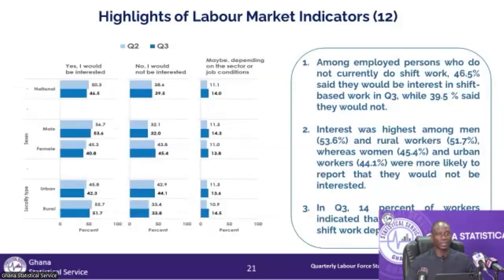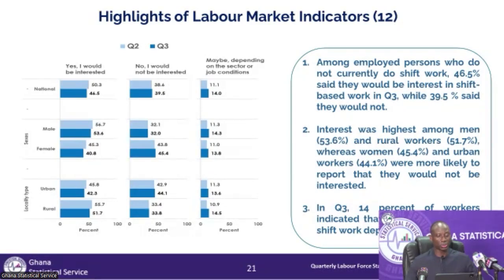Now, let's look at workers who express interest in shift-based work, even though currently we have only a small proportion of them that are doing night shift work or shift-based work. So the results show that interest in shift-based work is actually growing.